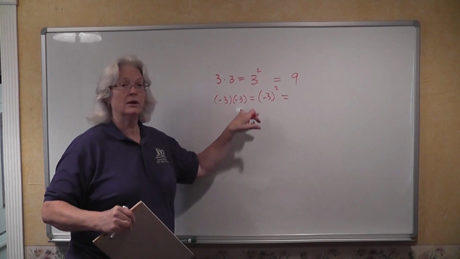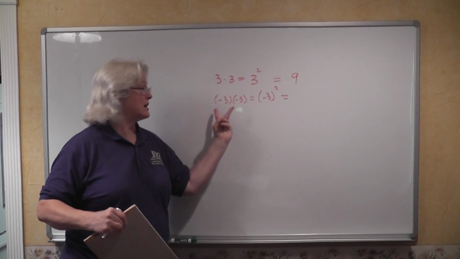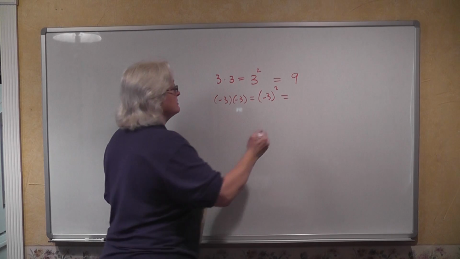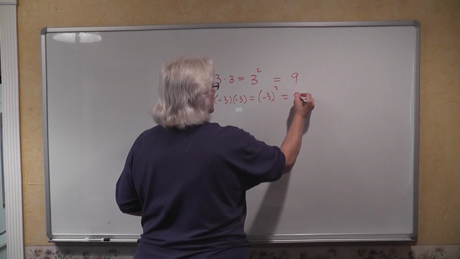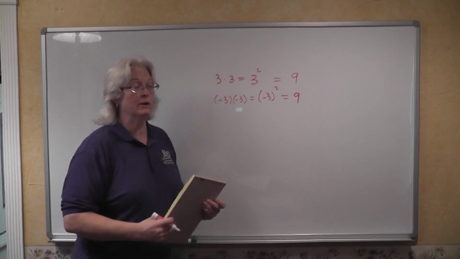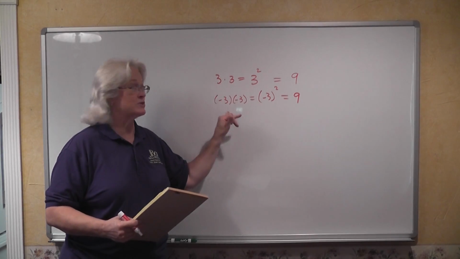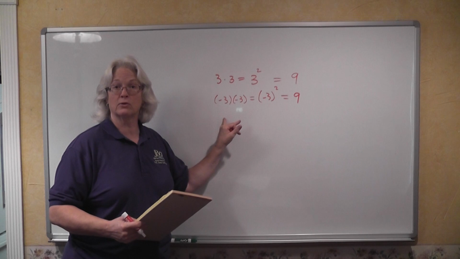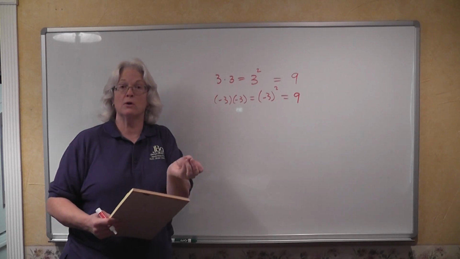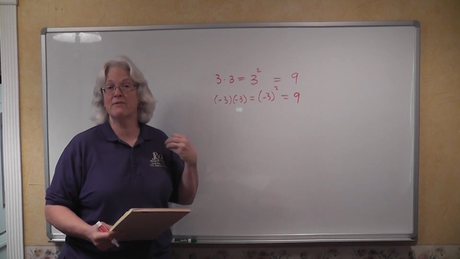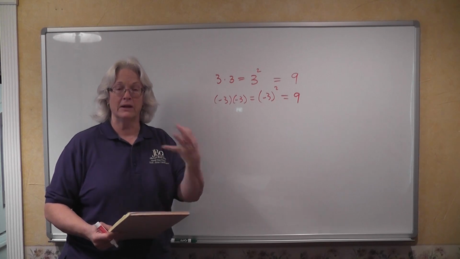A negative 3 times a negative 3, both of those signs are negative, so we end up again with a product of 9. And you see that we have 2 different numbers that can be used as a factor twice that results in a product of 9. And you have that for every example out there.